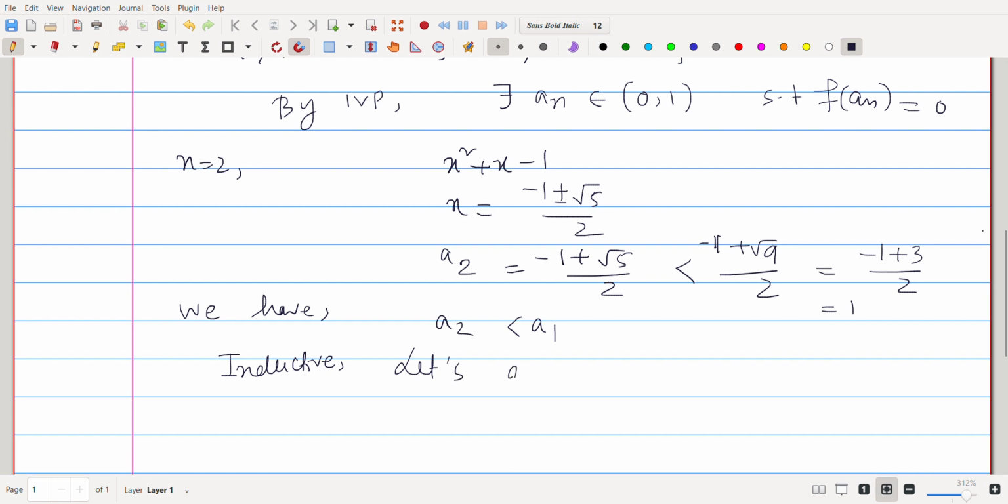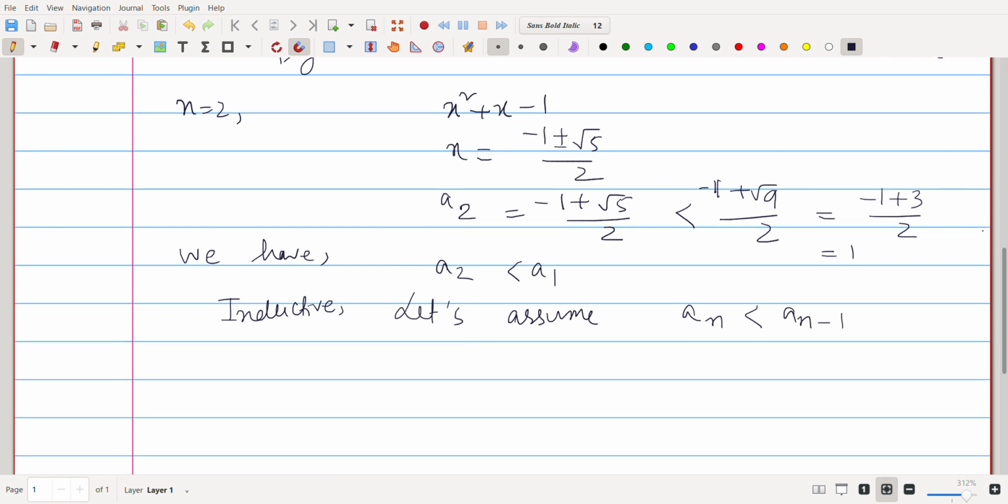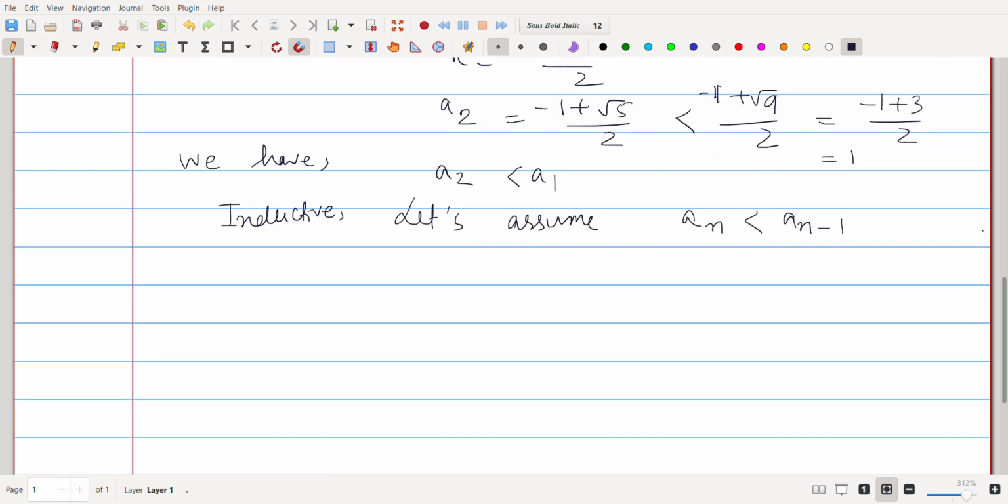Now inductively, let's assume a_n is less than a_(n-1). Now we need to show that a_(n+1) is less than a_n, right?